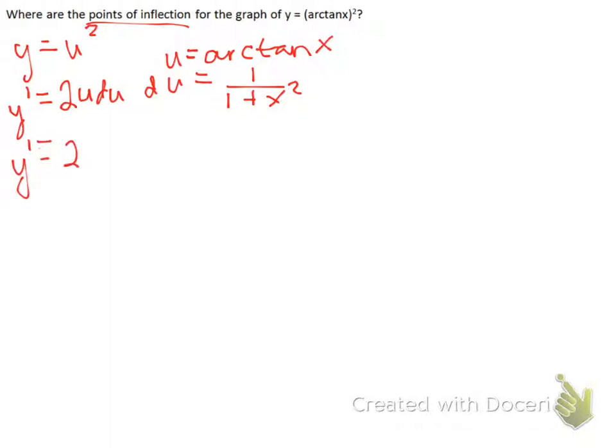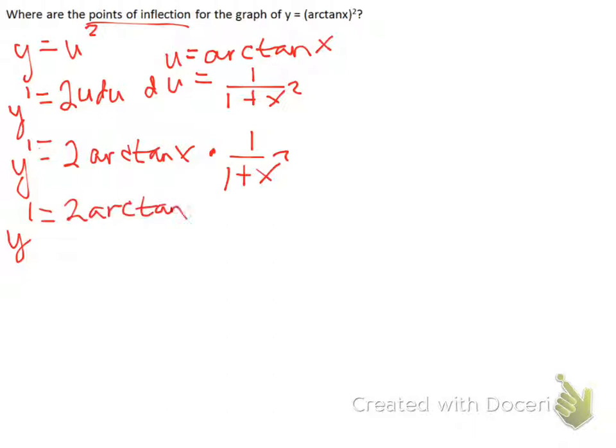I know that u is arctangent of x, and I know that du is 1 over 1 plus x squared. Multiplying those two together, I get that y prime is simply 2 times arctangent of x divided by 1 plus x squared.